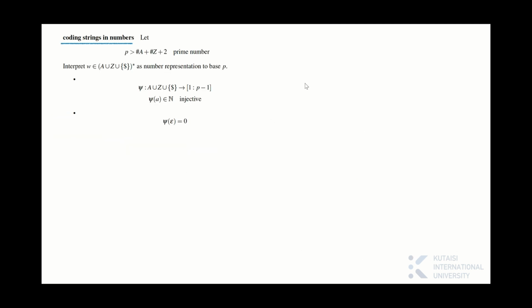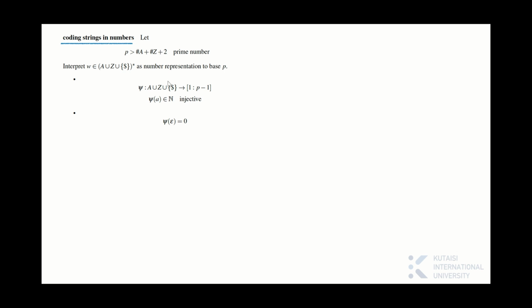So what I'm doing now is translating a Turing machine into numbers. How do I do this? I take how many alphabet symbols I have, and I also take the number of states. The number of alphabet symbols is finite, and the number of states is also finite, plus 2.